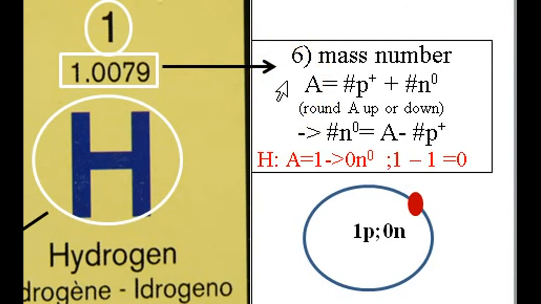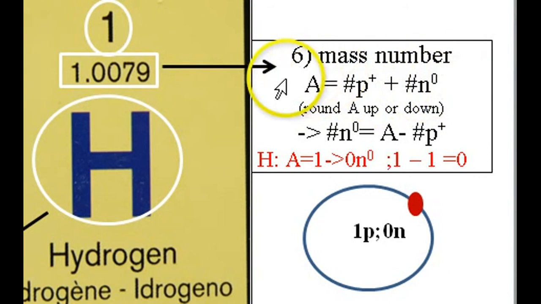So it tells you how many subatomic particles are in the nucleus. We know from the atomic number Z that hydrogen has 1 proton. So A is 1 and P is 1.